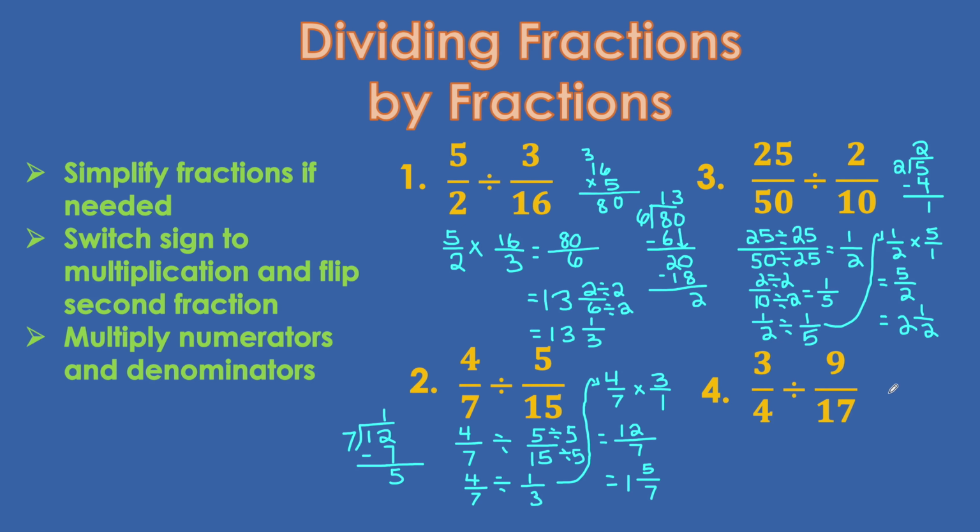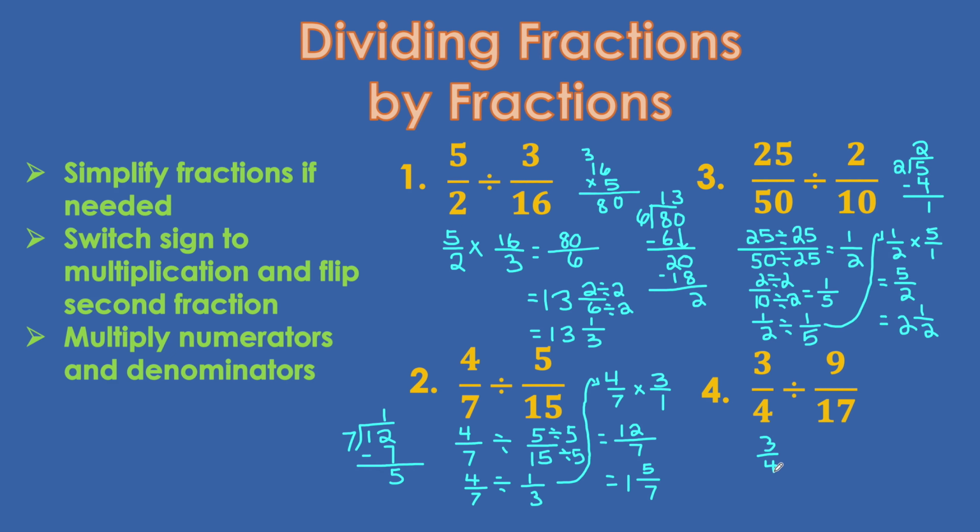Looking at the very last problem, we have 3/4 divided by 9/17. First, check to see if any of these fractions can be simplified. They can't. So we're just going to go to the second step. Rewrite these fractions. We have 3/4.